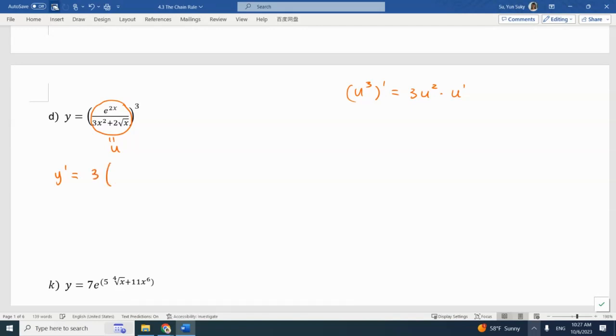3u squared, my u is e to the 2x over 3x squared plus 2 square root of x, squared, times u prime. U prime, we need to write it down again.